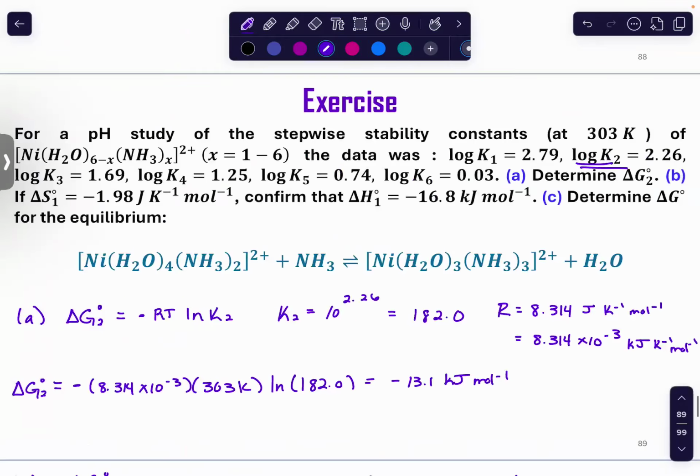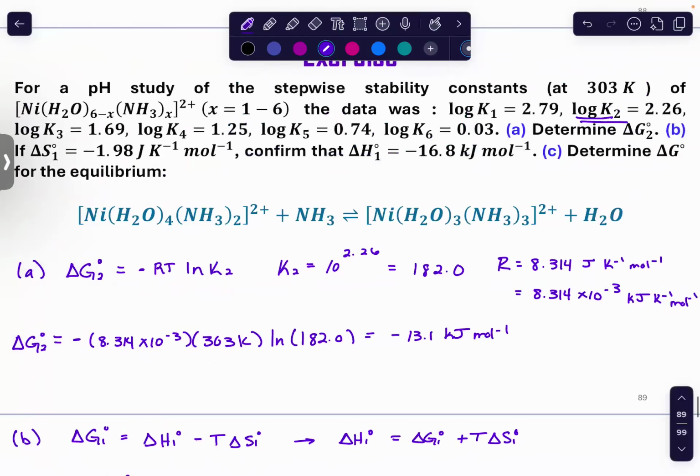And then C, determine delta G for the following equilibrium. So would this be, which one is it?